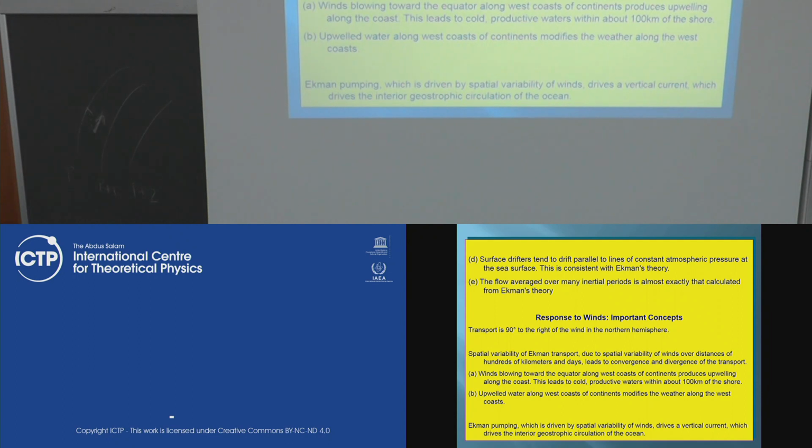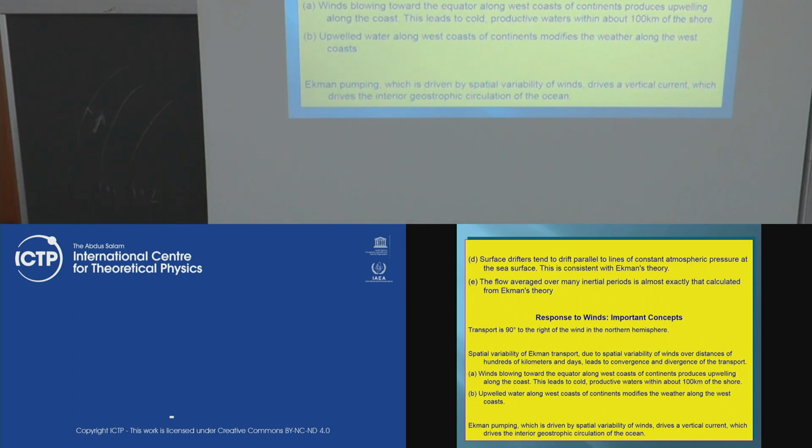But if you do the vertical integral of the mass from the surface to the bottom of the Ekman layer, that means in the first 300 meters, the total mass transport will be proportional to the wind, and it will be 90 degrees to the right with respect to the wind.